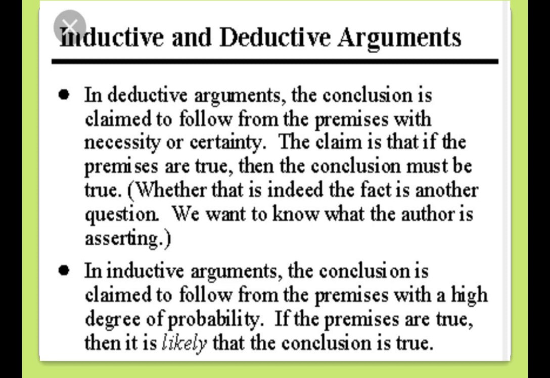We want to know what the author is asserting. In an inductive argument, the conclusion is claimed to follow from the premises with a high degree of probability. If the premises are true, then it is likely that the conclusion is true.